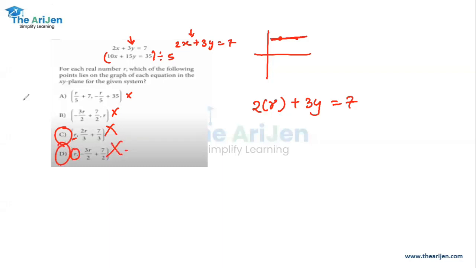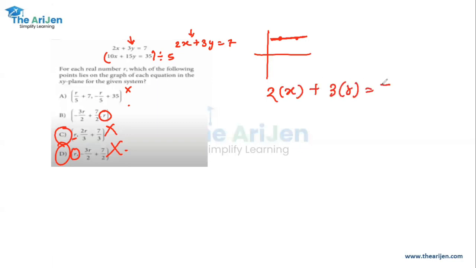Now we will start with option B and A. But in this case, I will not choose A first. I will choose B first because it is smaller and it is giving the value of y as r. So when I replace the value of y with r, let us see what we get.